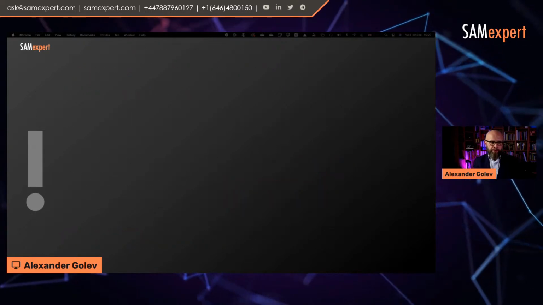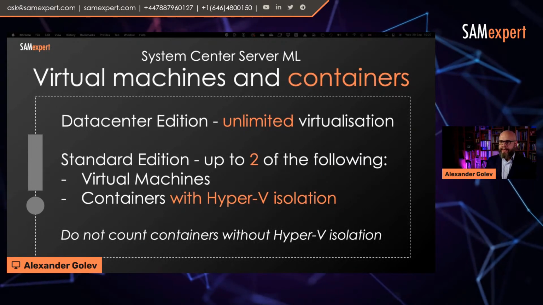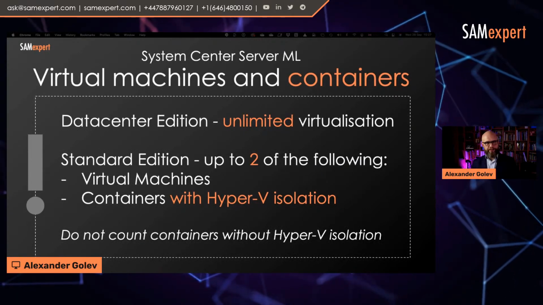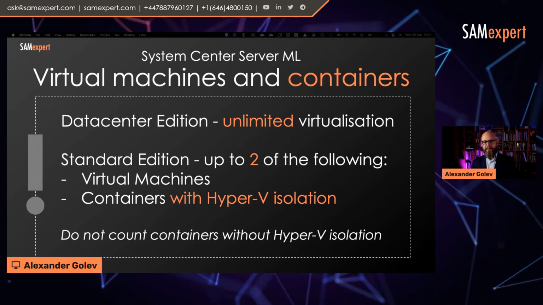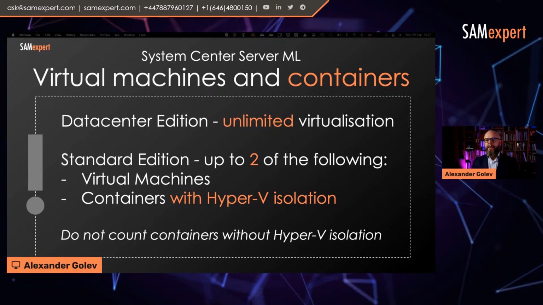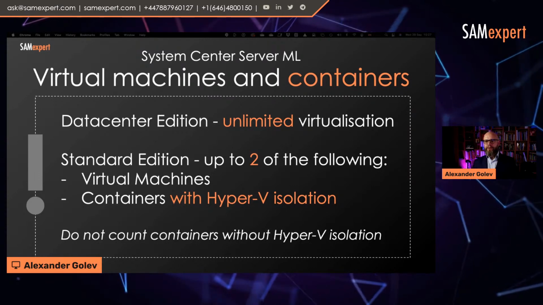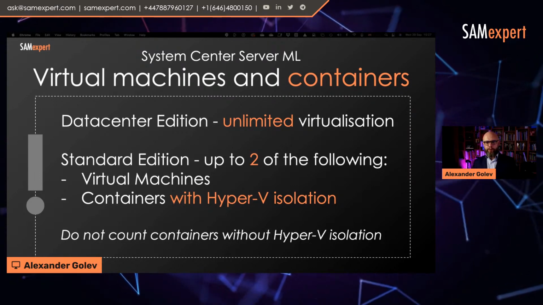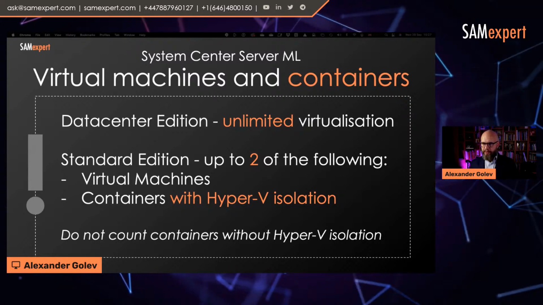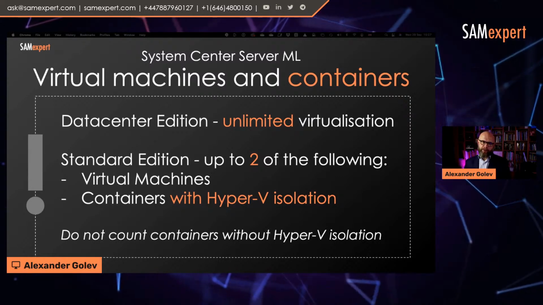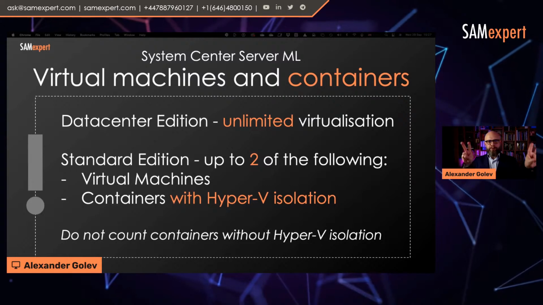What about virtual machines and containers? Same as Windows Server. Exactly, just an exact copy. Datacenter gives you unlimited virtualization rights. Standard edition gives you up to 2 virtual machines plus containers with Hyper-V isolation. Do not count containers without Hyper-V isolation, so-called Windows Server containers.